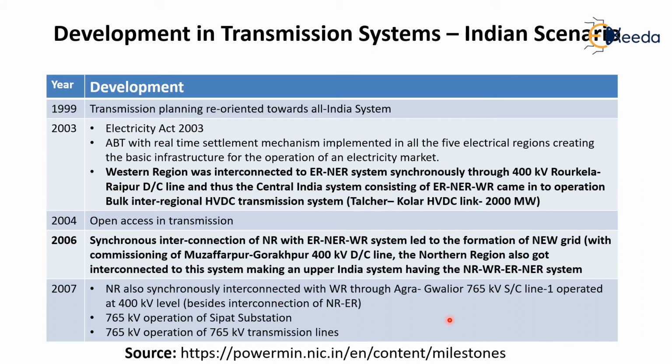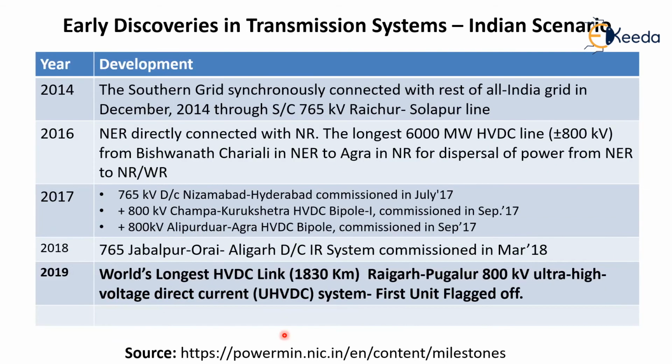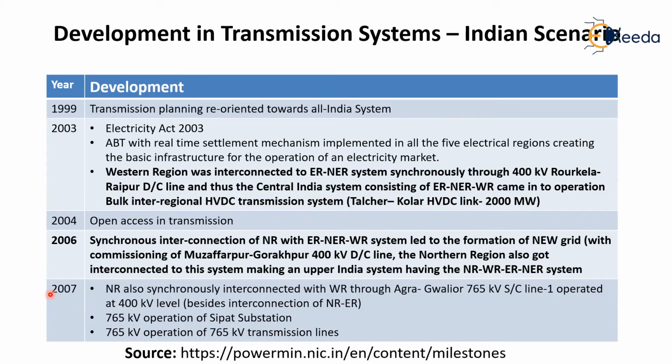So initially the 765 kV line was there, but they were using it at the 400 kV level. And by the end of 2007, all the 765 kV lines were charged at 765 kilovolt.